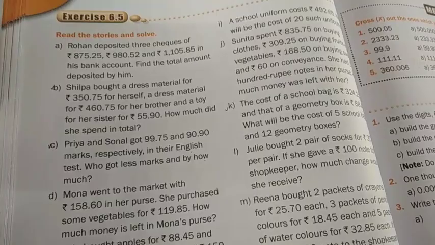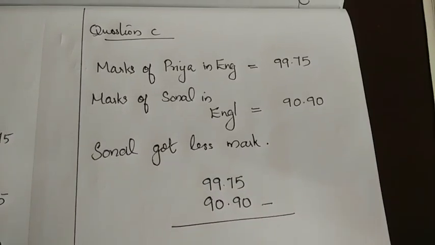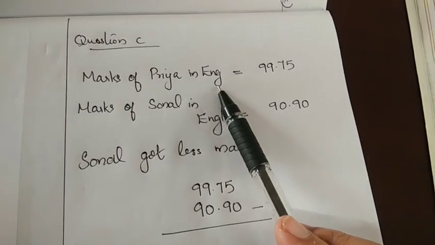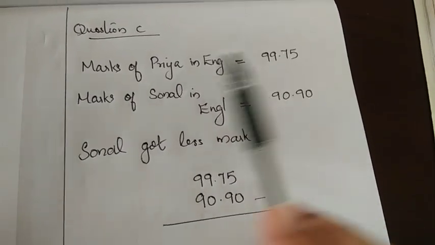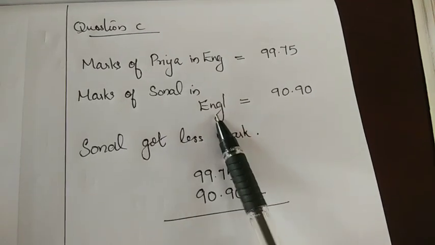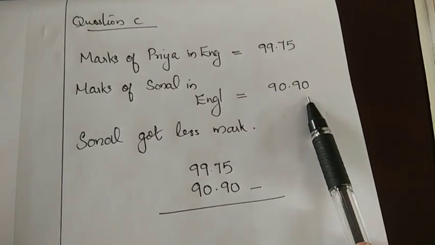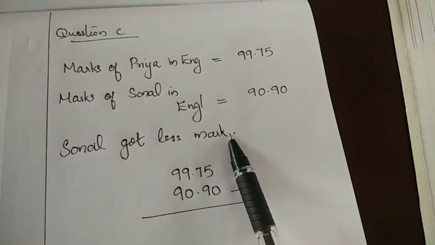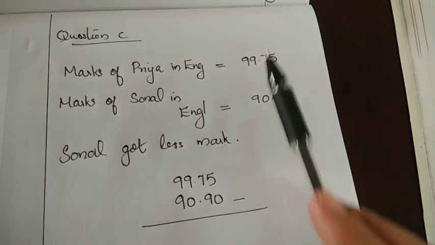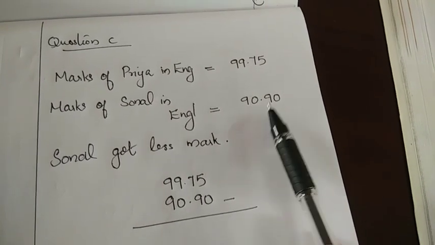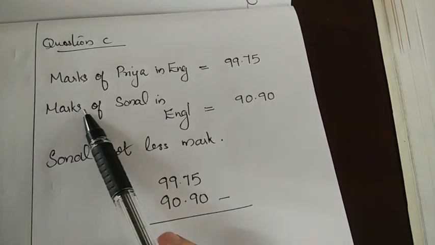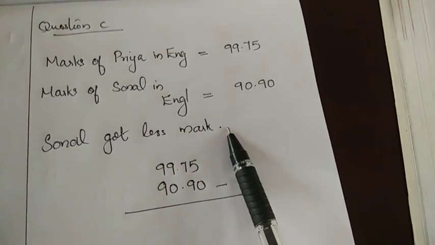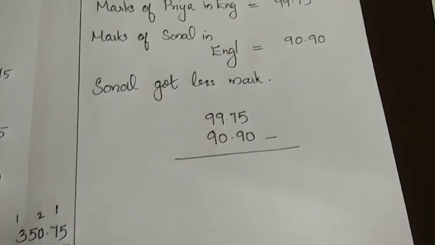Okay, so write the statements. So we can write marks of Priya in English subject 99.75, marks of Sonal in English subject, that is 90.90. Sonal got less mark, that is the first answer. They were asking who got less mark. 90.90 is the less number, that is Sonal's mark. How much less? We have to subtract that.